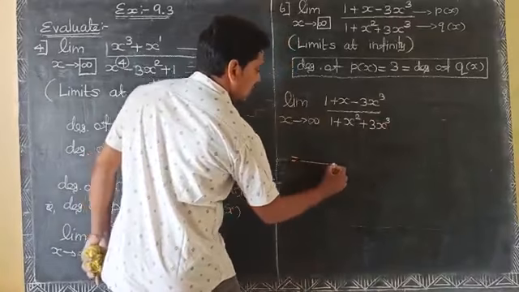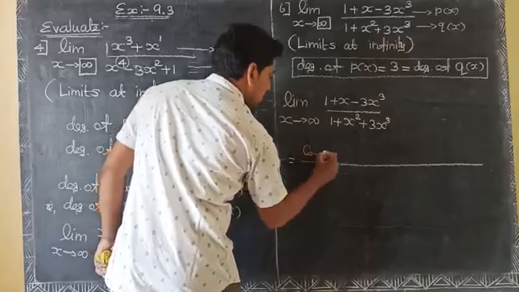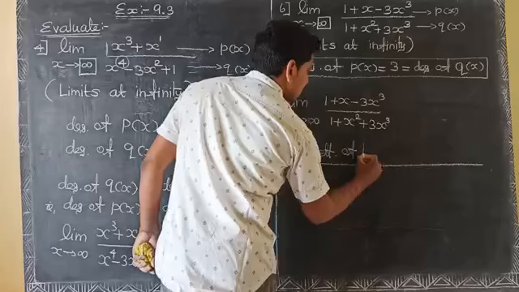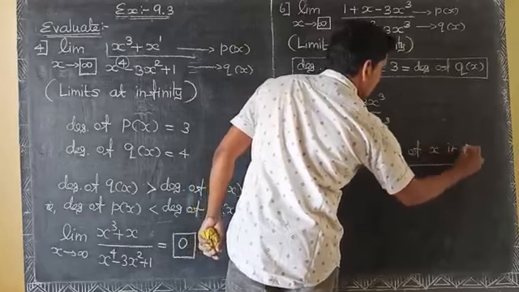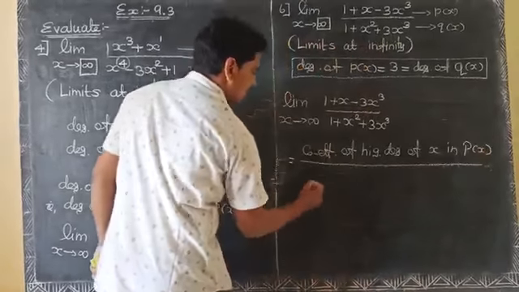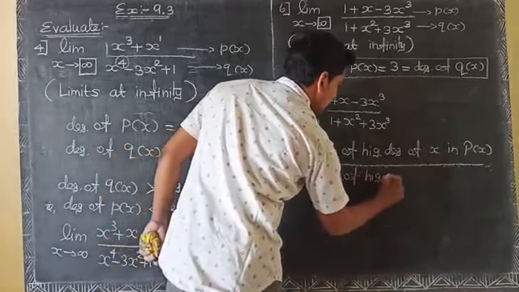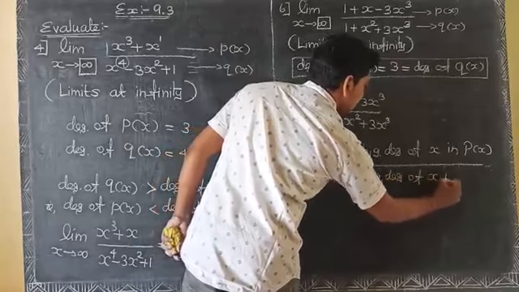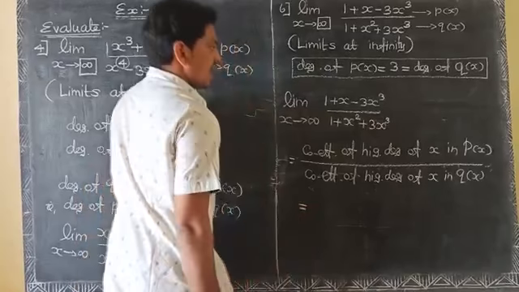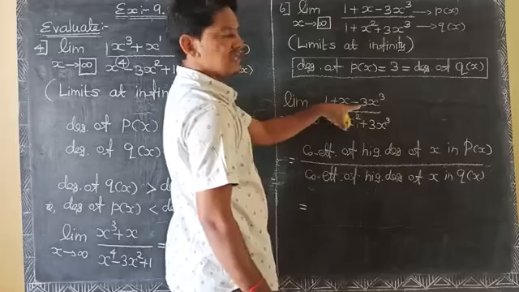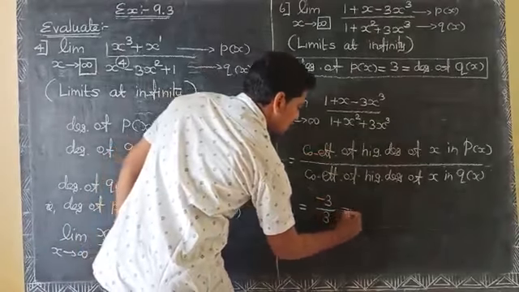The highest degree is 3, the coefficient is minus 3, divided by the denominator's plus 3, so minus 3 divided by plus 3 is equal to minus 1.